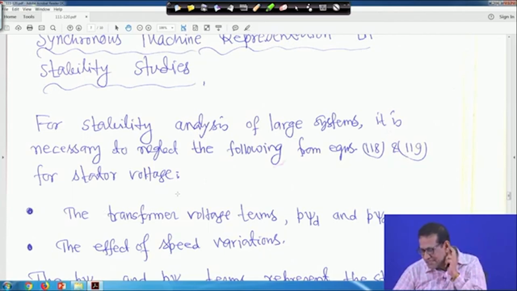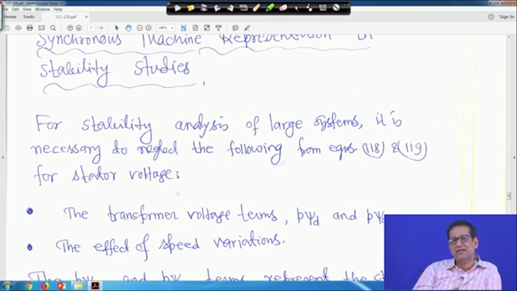Whenever you listen to this course, all these notes will be provided to you, so keep everything ready in front of you, because I do not want to go back again to 118 and 119, for example. Many such things will come.